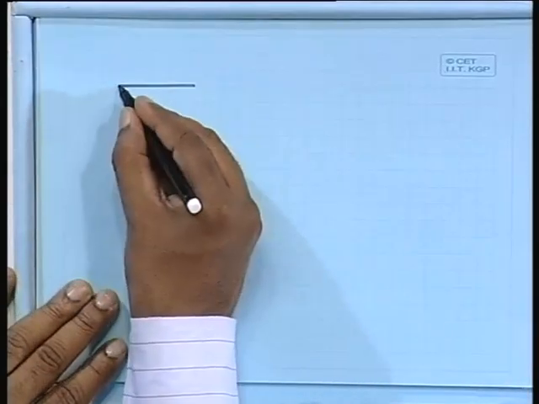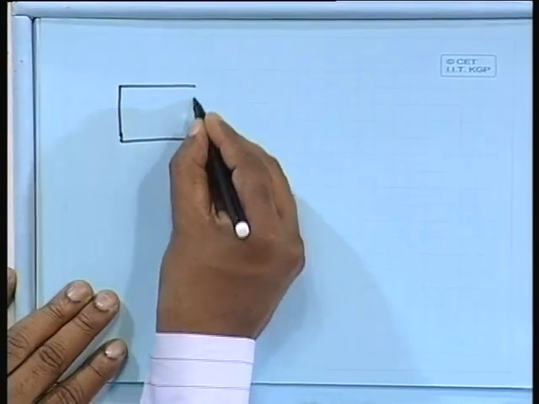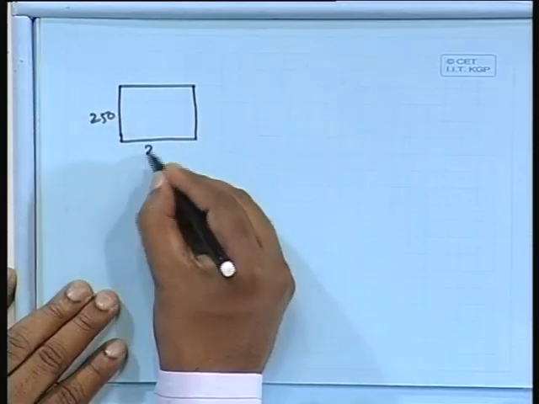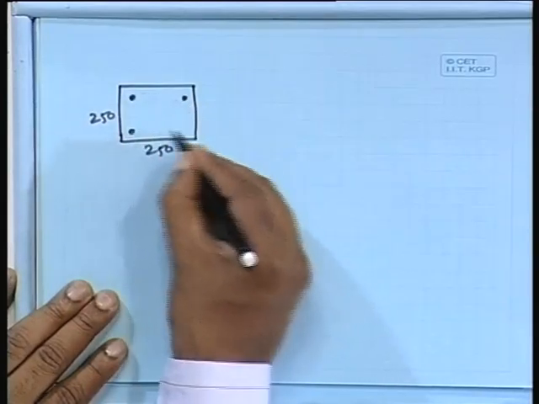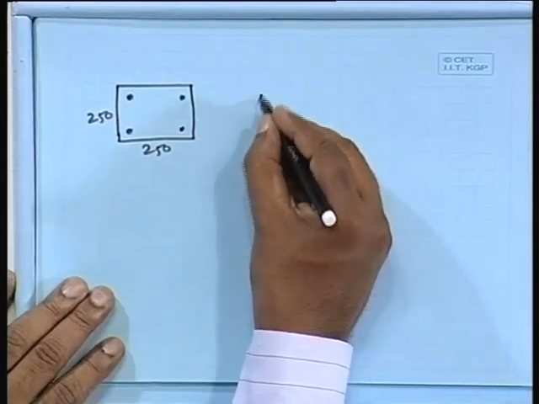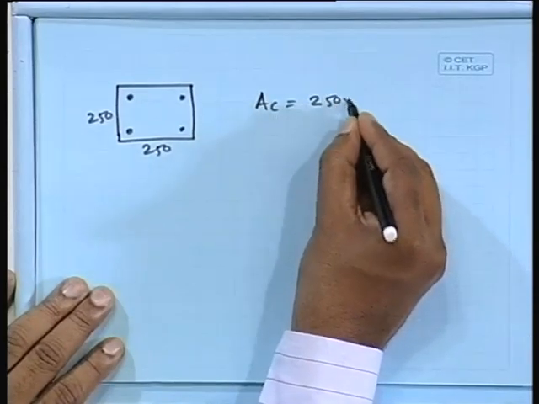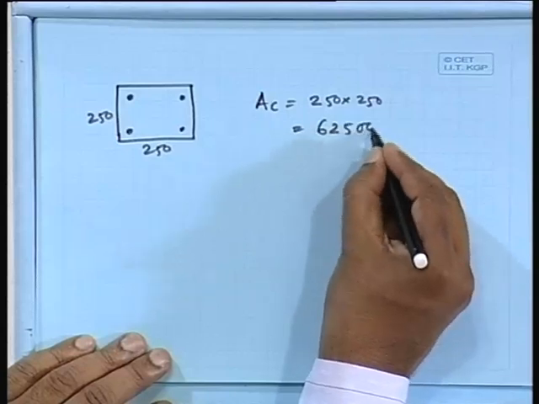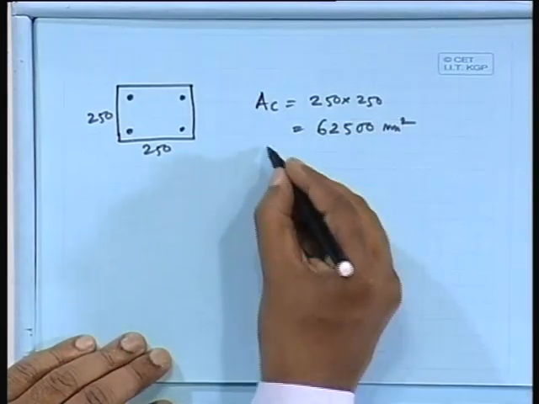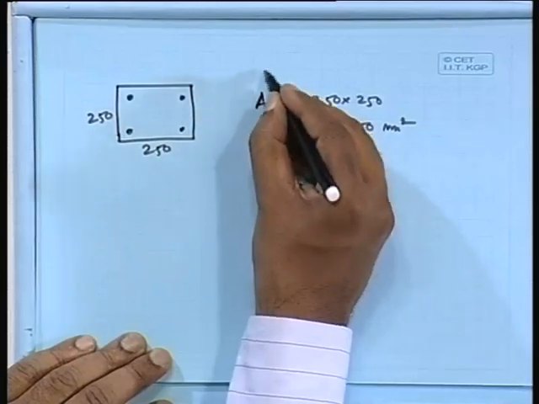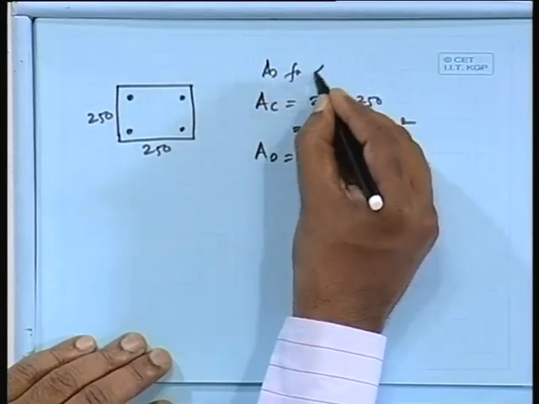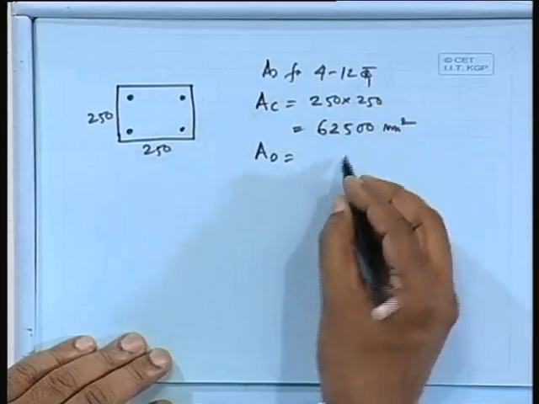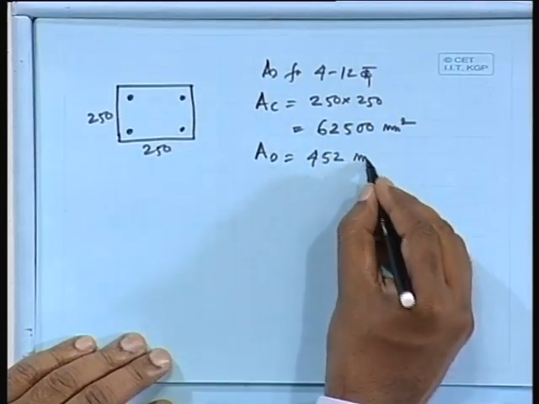So if we take a square section 250 by 250 the same way, so Ac equal to 250 into 250 equals 62500 millimeter square, and As for 4 number 12 bars we are using the same one, which is coming as say 452 square millimeter.